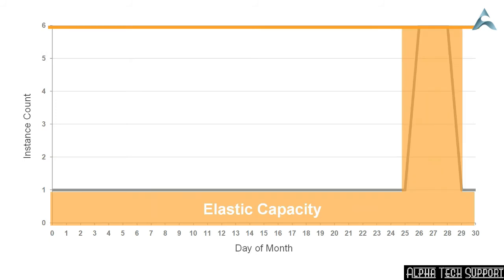AWS Cloud optimizes this for you. How does it do that? This is elastic capacity. On day 1 you need one instance. Till the 24th you need one, and on the days when you need more instances, its capacity increases, and you are saving almost 75% of the physical resources, of the internet connection, the data price, of electricity, of money, everything.